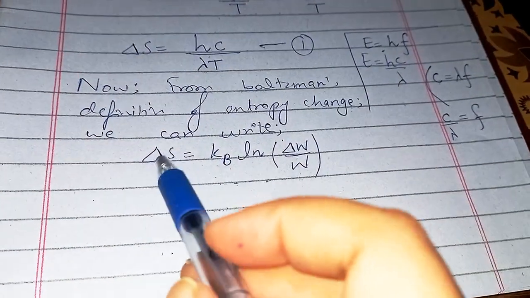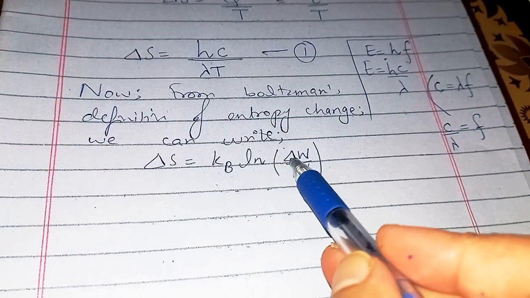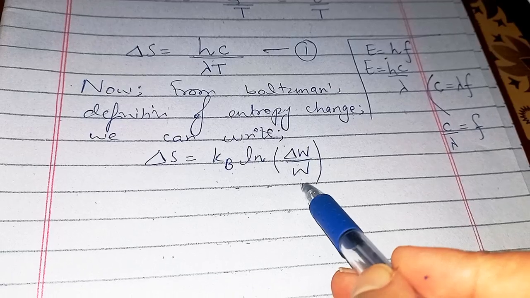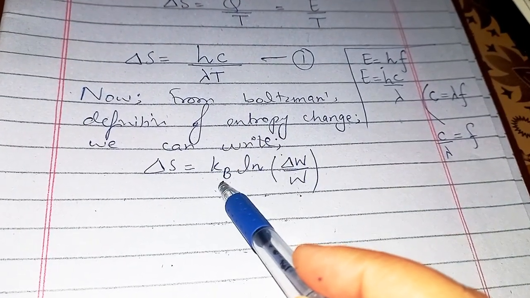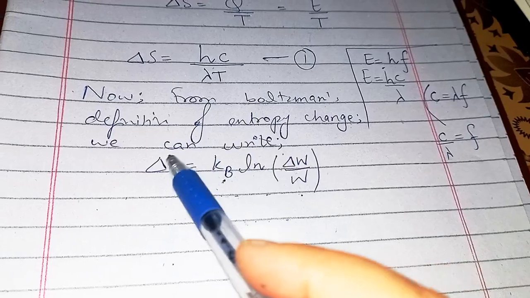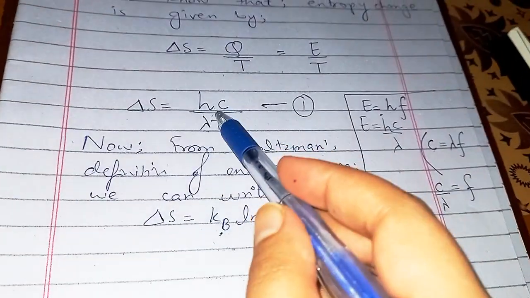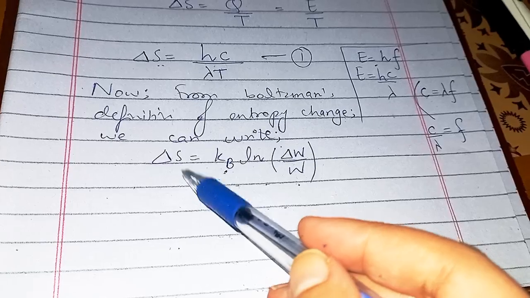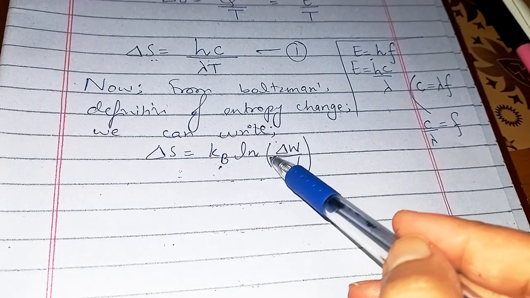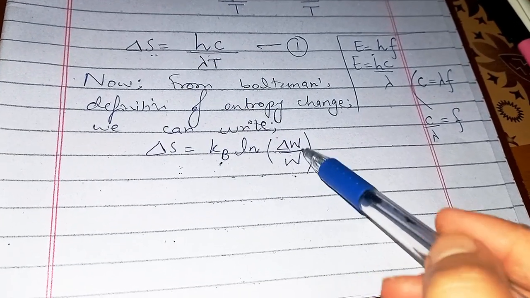So we need to calculate delta W by W, and we know that k_B is the Boltzmann constant. That's not a problem at all. We just need to know delta S, and we have this delta S. We can put this value of delta S right back into this equation to separate delta W by W.